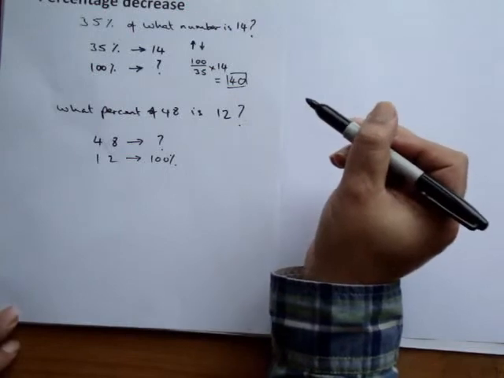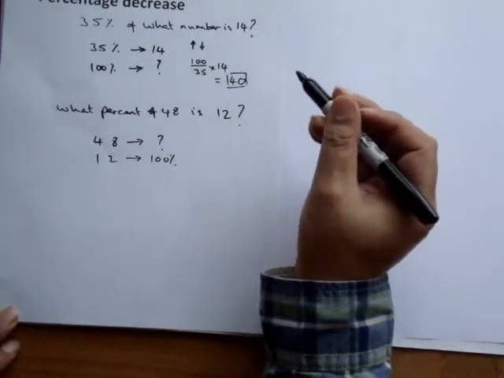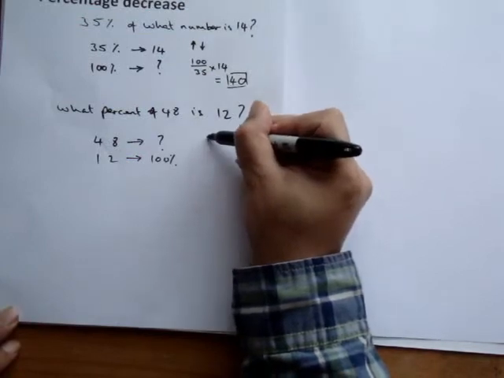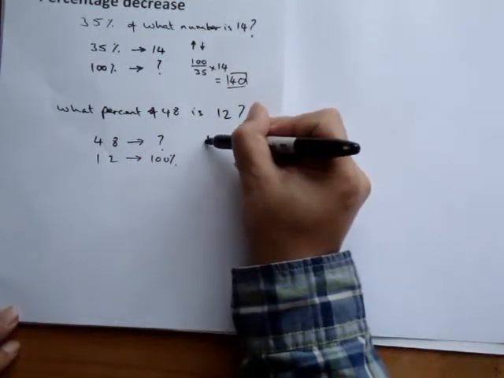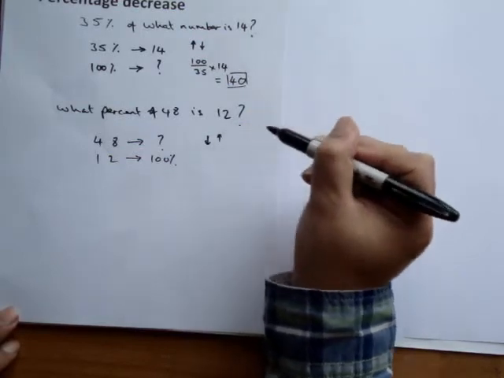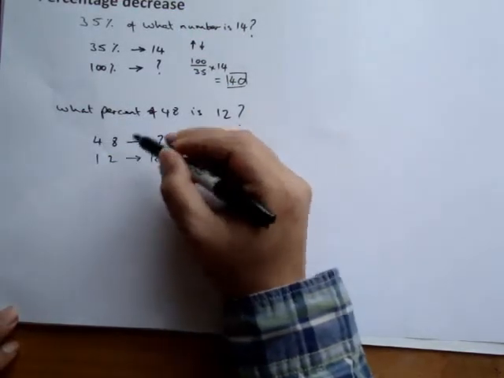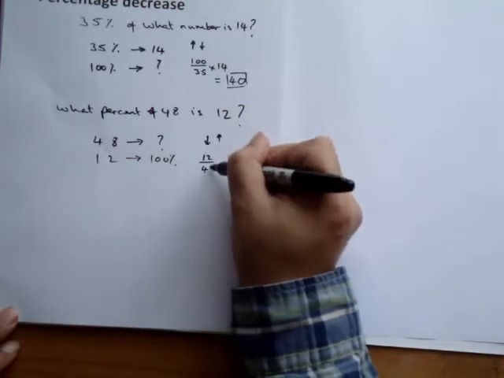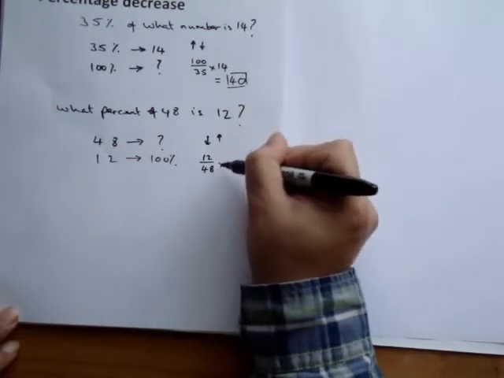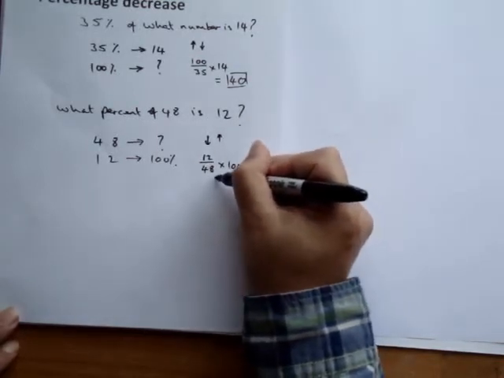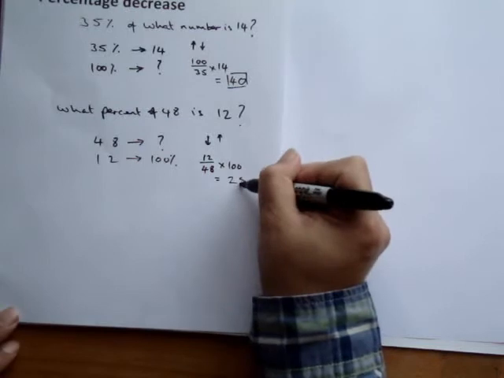So our ratio, do we want it to be bigger or smaller? We want it to be smaller than 100. Okay, so we write 12 over 48 multiplied by our 100, and we get 25%.